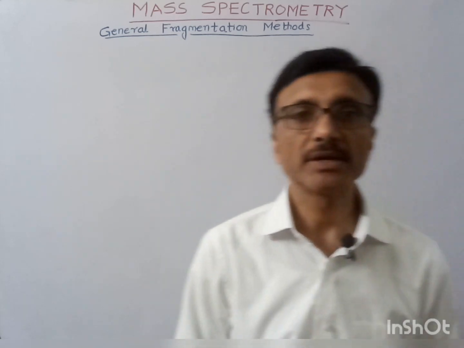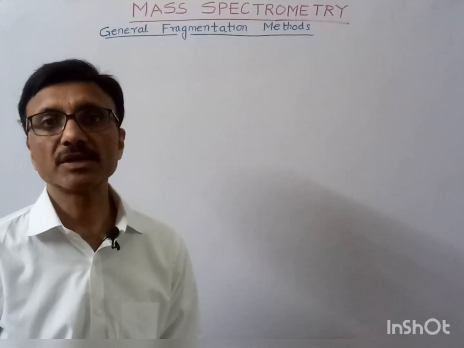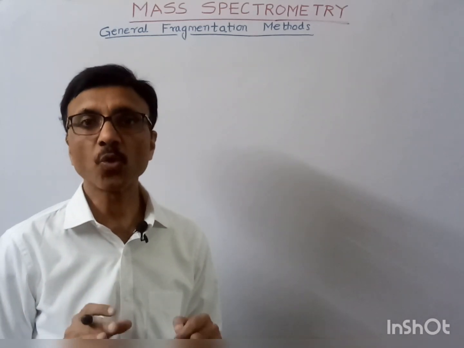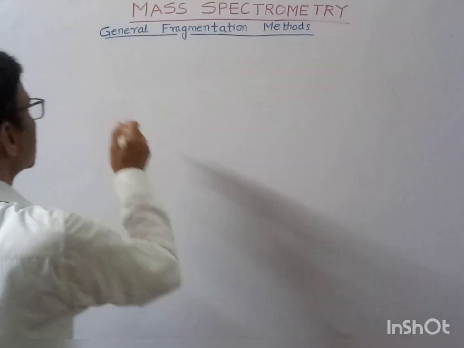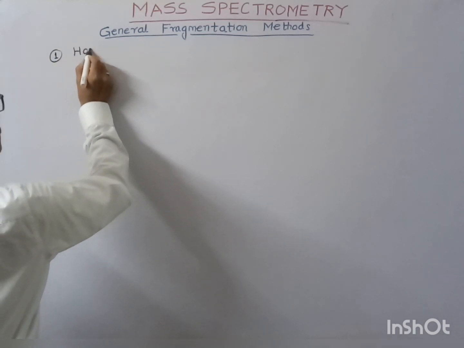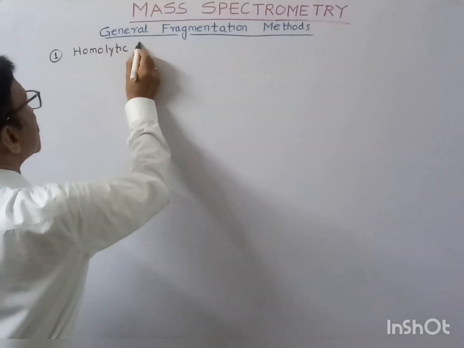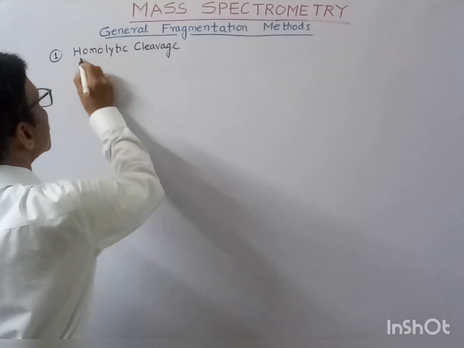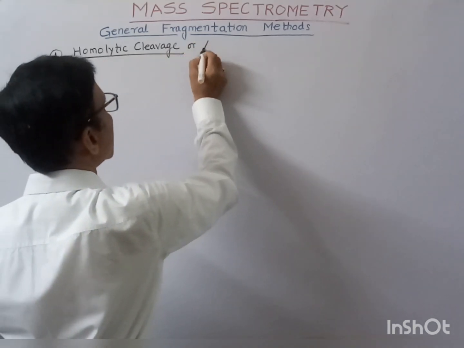So let us first discuss the first main cleavage that most of the compounds undergo, that is called the homolytic cleavage, which is also called the alpha cleavage. So first type is the homolytic cleavage. Or it is also called the alpha cleavage.